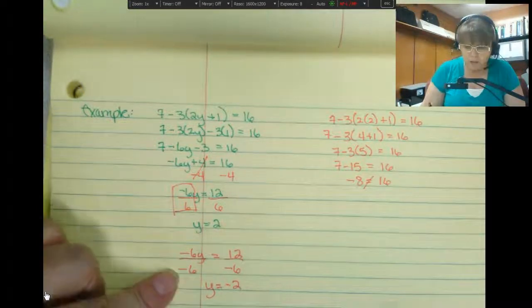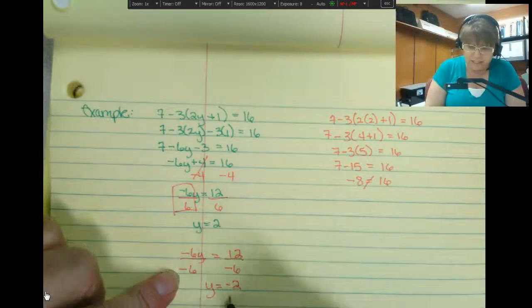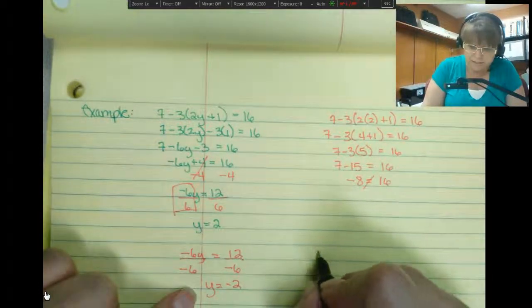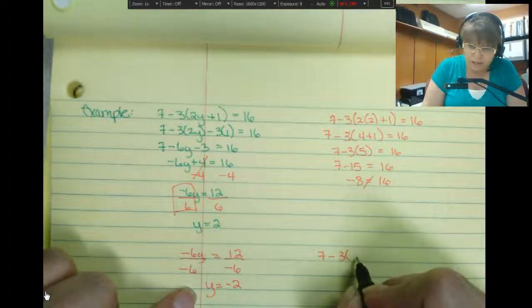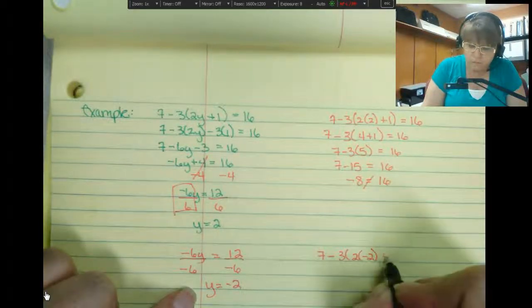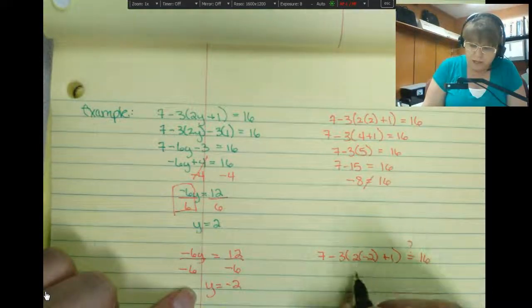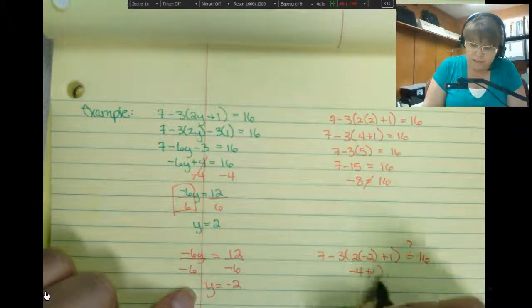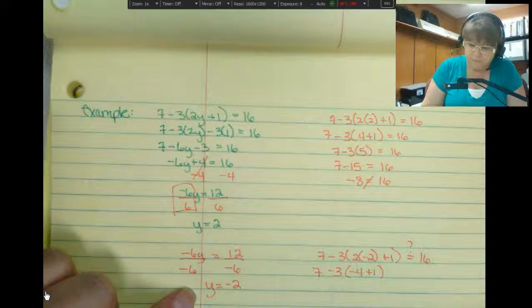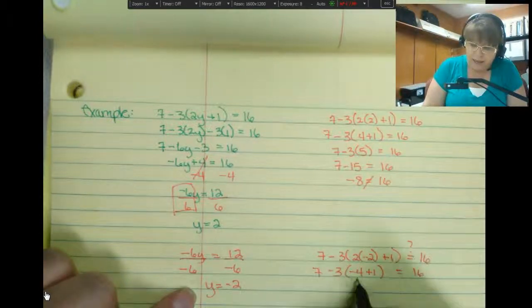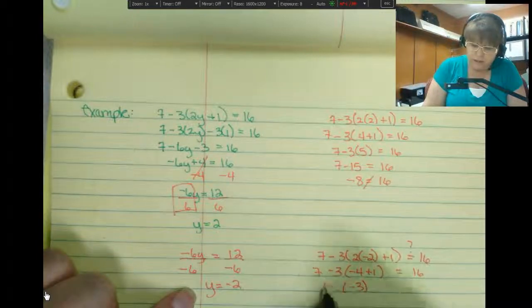But again, I'm going to check to see if indeed negative 2 is the correct solution. 7 minus 3 times the quantity 2 times negative 2 plus 1, does it equal 16? 2 times negative 2 is negative 4 plus 1, negative 3. 7 minus 3 times negative 3. 7 plus 9.